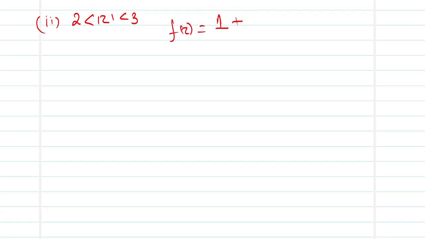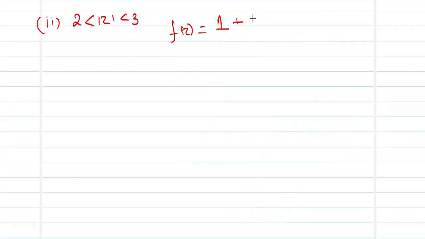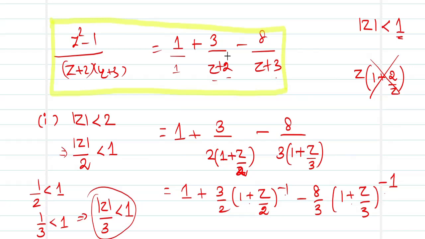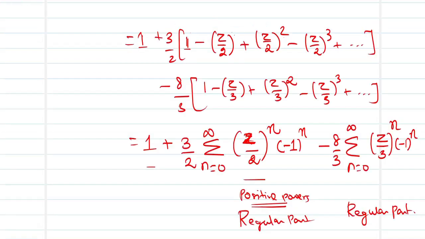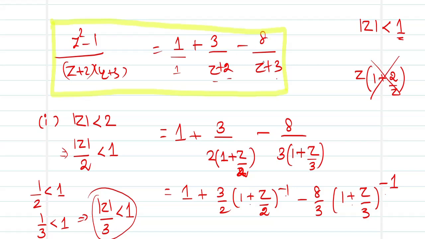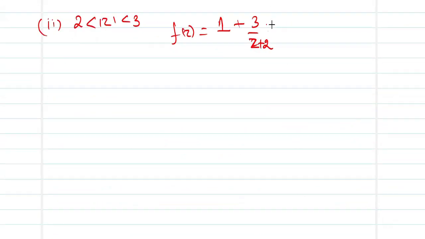Now 1 plus the value was 3 by 2 into 1 divided by z plus 2, and the third factor was -8 by z plus 3. Now the function is the same, but what has changed? The region has changed for me.